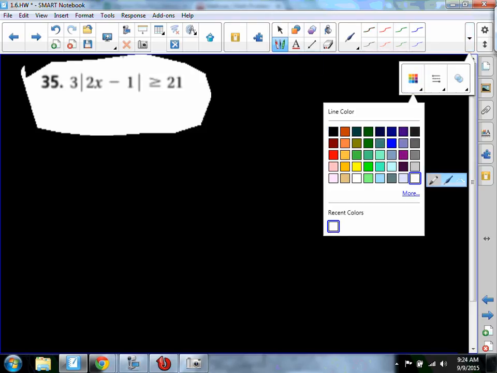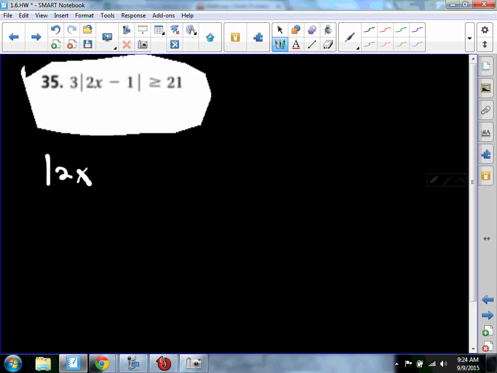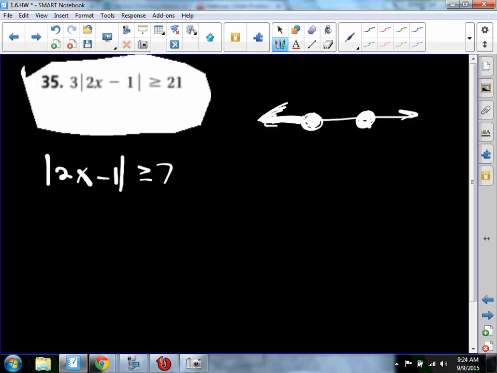So here we go. The absolute value of 2x minus 1 is greater than or equal to 7, right? So I'm going to have a number line. Open or closed dots here? Closed. Shading between or beyond? Shading beyond.